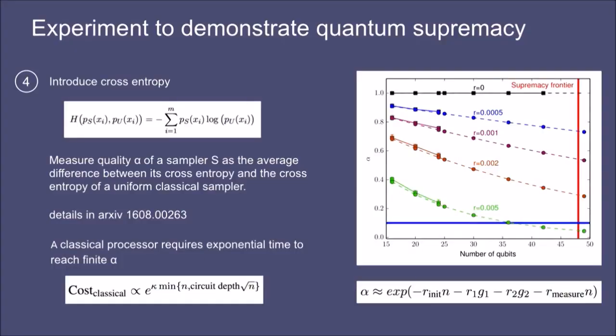And actually, complexity theorists will tell you that if you have a classical machine that tries to produce such samples, the cost is exponential in the number of qubits. And therefore, if you push it to about 49 qubits, then even the largest machine will fall over, because you have to maintain 2 to the 49 complex numbers somewhere on the scratch pad.